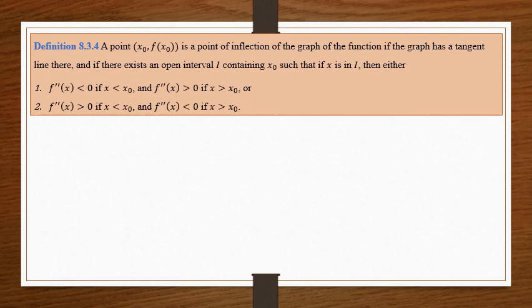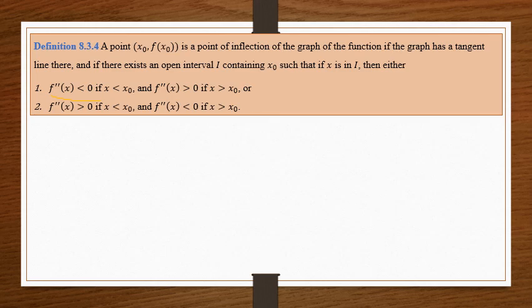A point x sub 0, f of x sub 0, is a point of inflection of the graph of the function if the graph has a tangent line there. If there exists an open interval I containing x sub 0 such that if x is in the interval, then either f double prime of x is less than 0 if x is less than x sub 0, and f double prime of x naman is greater than 0 siya if x is greater than x sub 0.